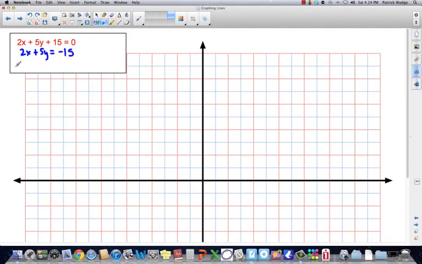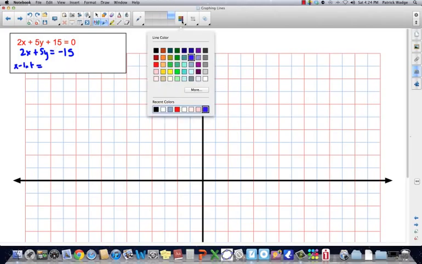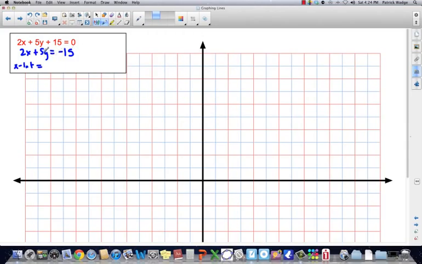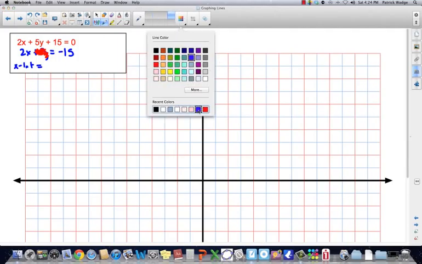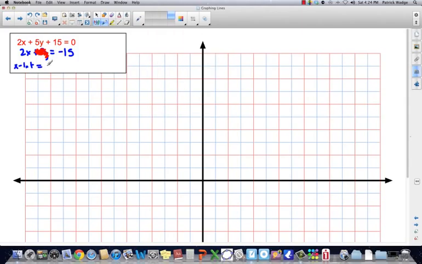Now I'm going to look for the x-intercept and the y-intercept. If I'm looking for the x-intercept, what can I do to the y's? I can just cancel them out, right? I'd put 0 into there. So all I'm left with is 2x equals negative 15. If 2x equals negative 15, what does x equal? Negative 7.5.